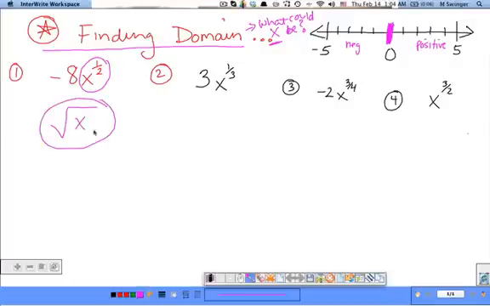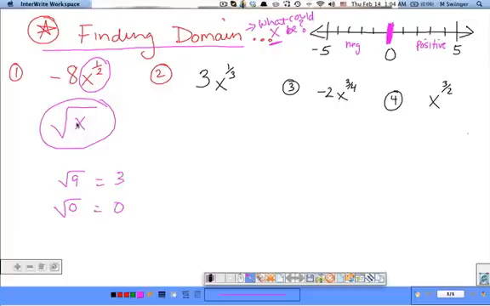So, could x be positive? The square root of a positive number. Throw anything in there. 5, 9. Could x be positive? Yes. Check. Could x be 0? Square root of 0. Is that an answer? Yes, it's 0. Square root of 9, 3.